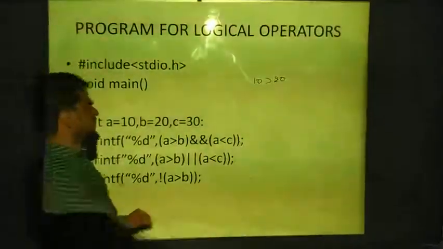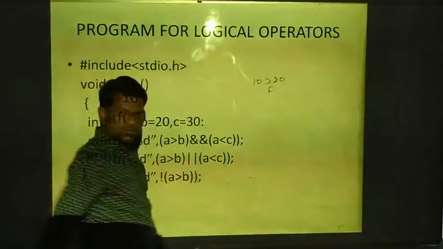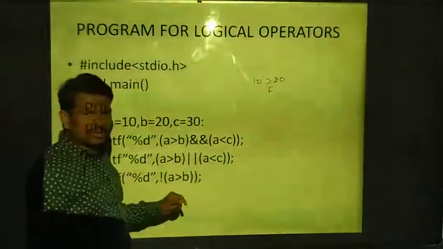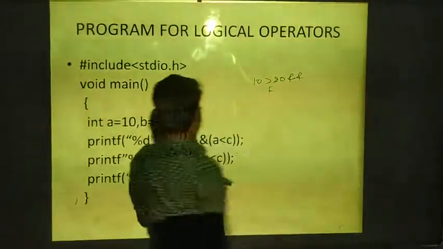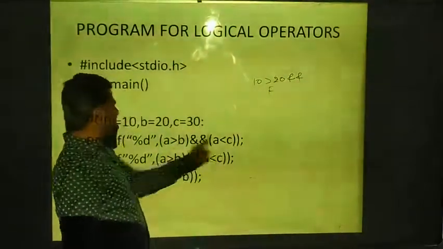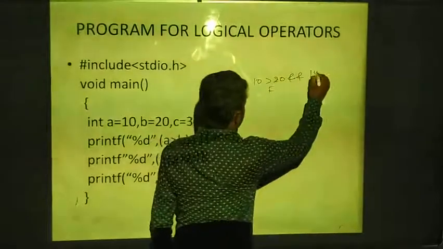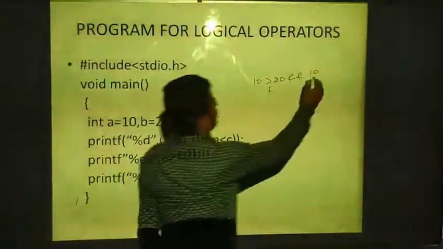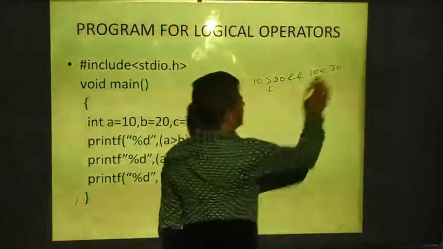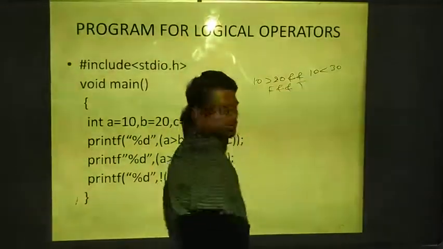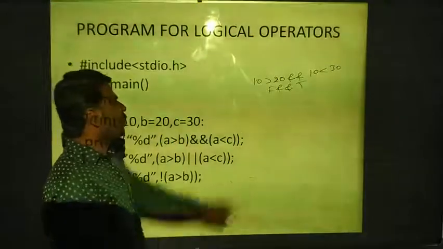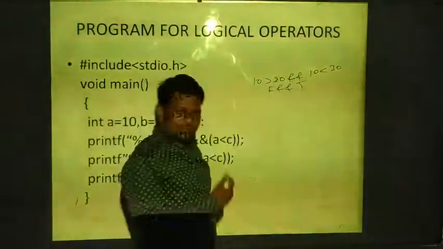No, it is false. 10 is not greater than 20. And the symbol is there, so we take the and operation here. Now, a less than c. A is 10, and what is the c value here? Yes, 10 is less than 30, so it is true. False and true. What will be the result?